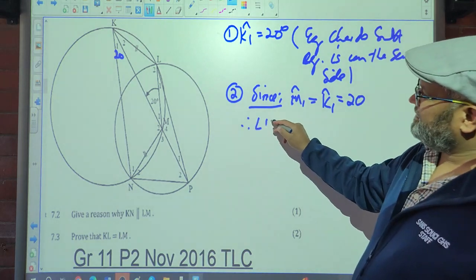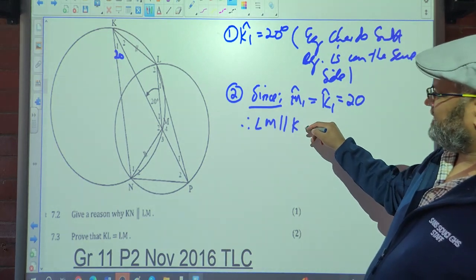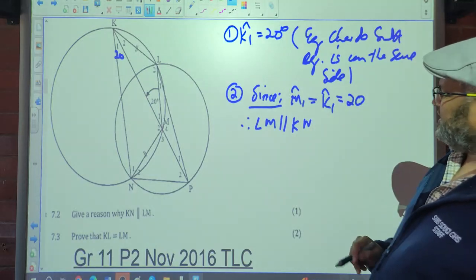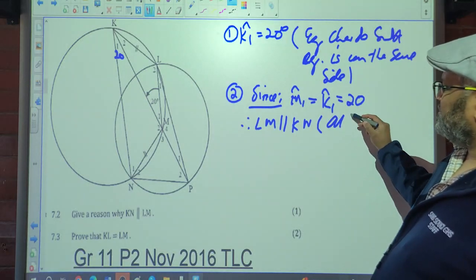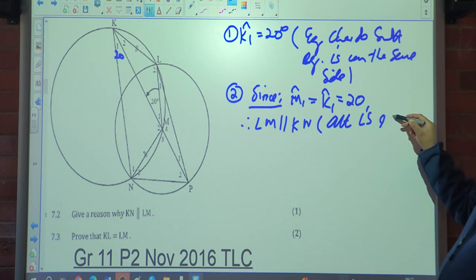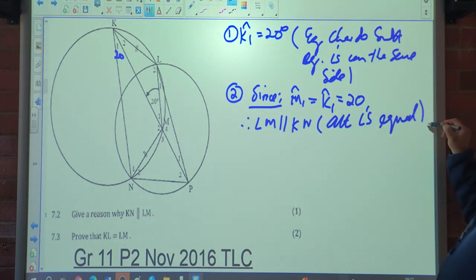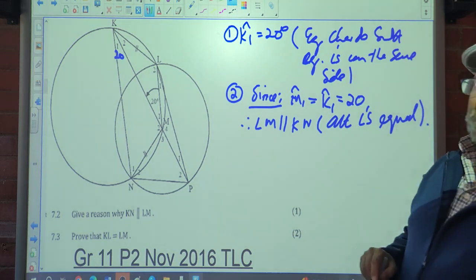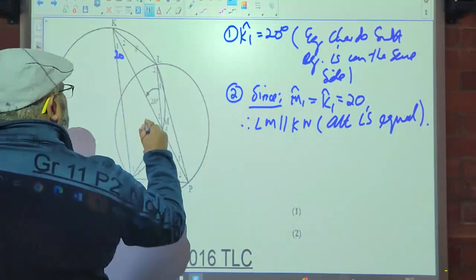Therefore, LM is parallel to KN. Why? Because alternate angles are equal. Can't just say alternate angles. We say alternate angles are equal.